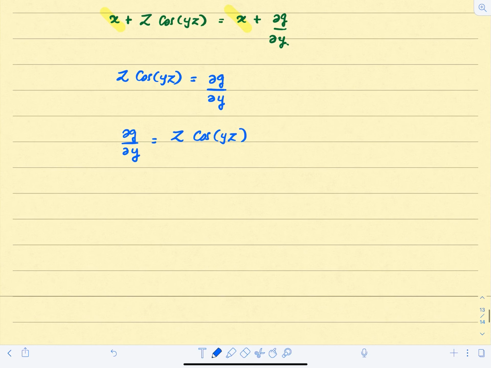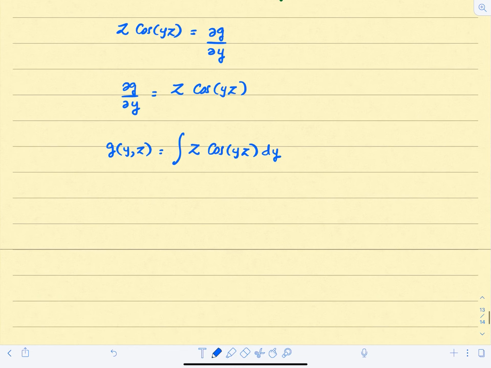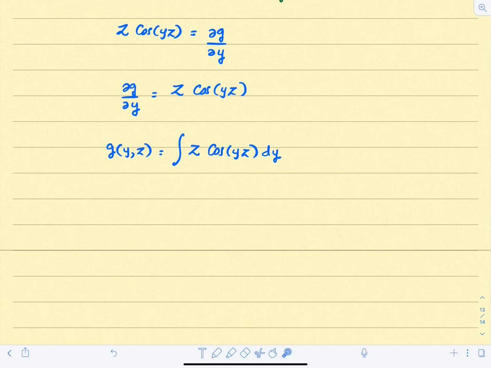Since this involves a derivative with respect to y, to get g we have to integrate both sides with respect to the y variable. So g of y, z equals the integral of z times cosine of yz dy. With respect to y, we treat z as if it is a constant.